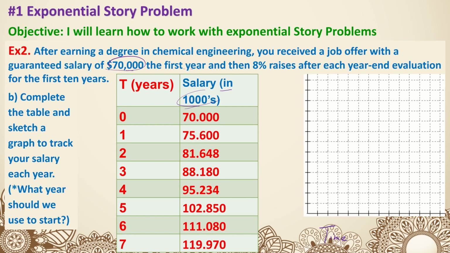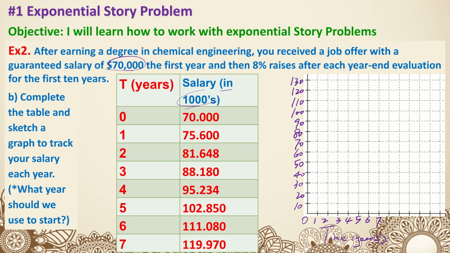Time is this time going to be in years. And 0, 1, 2, 3, 4, 5, 6, 7. As for the numbers, we're starting with 70,000, and we need to go all the way up to almost 120. So let's go with 10. 10, 20, 30, 40, 50, 60, 70, 80, 90, 100, 110, 120, and 130.